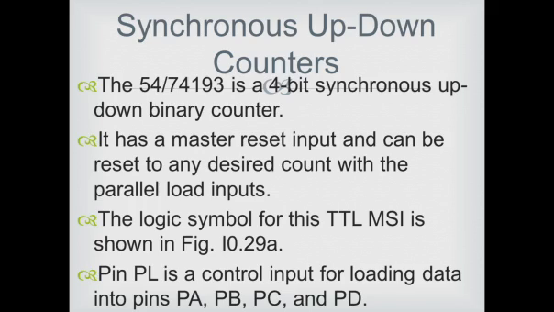In the previous counter, that means in the 74163, that reset was active low. That means it is activated when it was low. Here in this case, the master reset is active high. That means it is activated when that particular pin is connected with a binary 1 or VCC. Then all outputs are going to be reset.